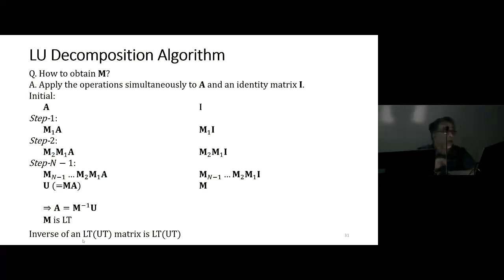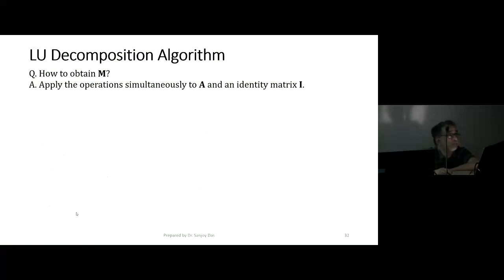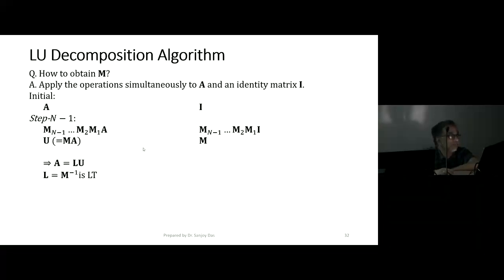The inverse of a lower triangular matrix is also lower triangular, and the same applies for upper triangular matrices. The inverse of an upper triangular matrix is upper triangular. So A equals M inverse U. L equals M inverse.